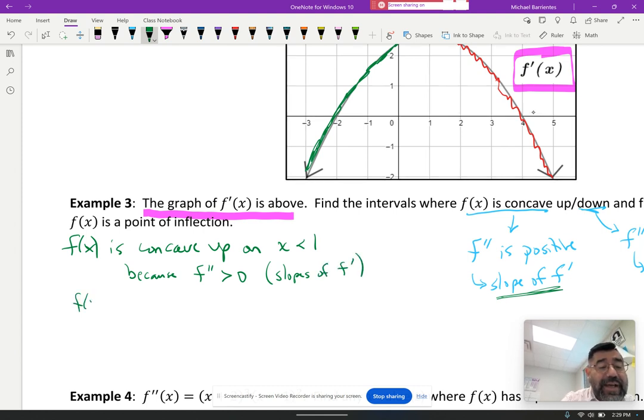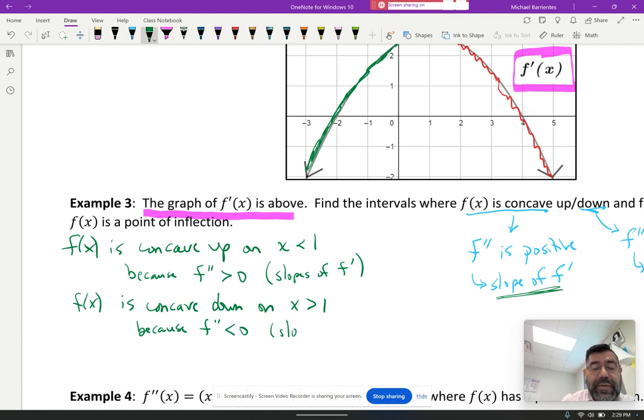And we can say f of x is the original function, which, by the way, I cannot see. The original function is concave down on x's that are greater than 1, because f double prime is less than 0, slopes of f prime are negative. Maybe we can write that.